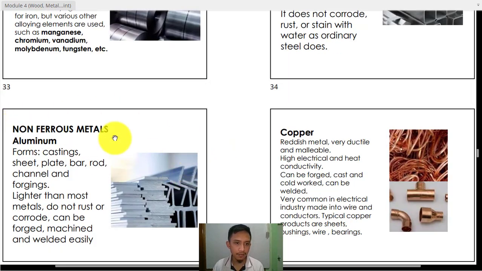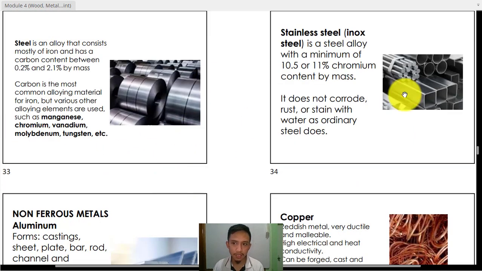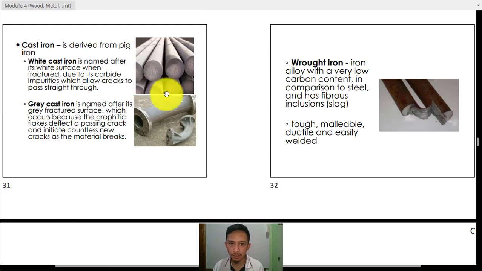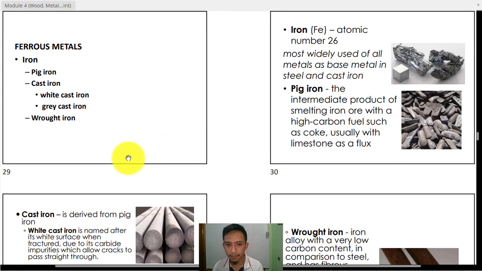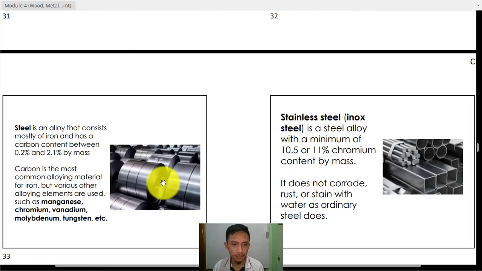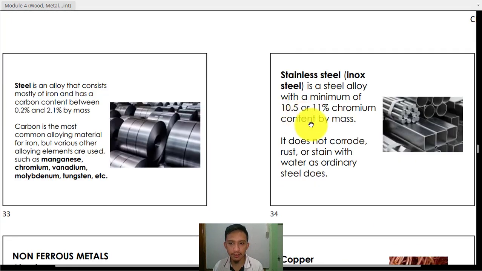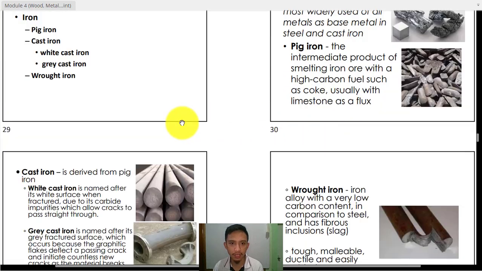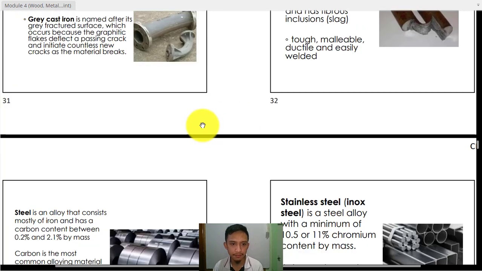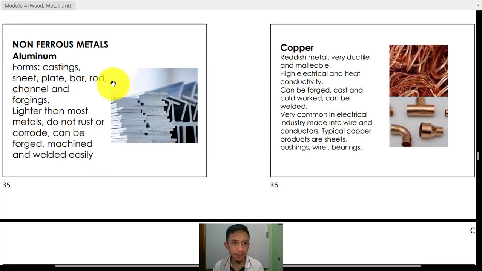So we have here the non-ferrous metals, aluminum. As you can see, there are pictures here for the common examples and the common use. The steel and the stainless steel are the types of iron that are high strength compared to the other types of cast iron or iron. Aluminum, this type of non-ferrous metal, is lightweight, so commonly we use it on roofing.